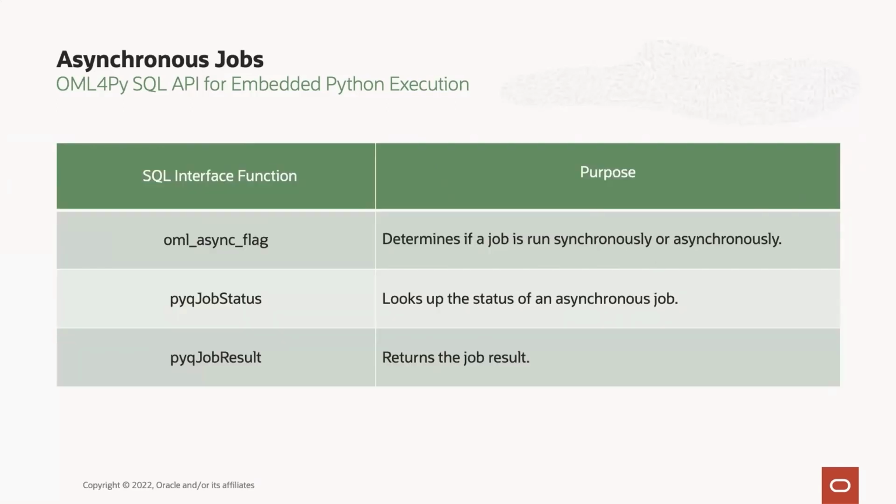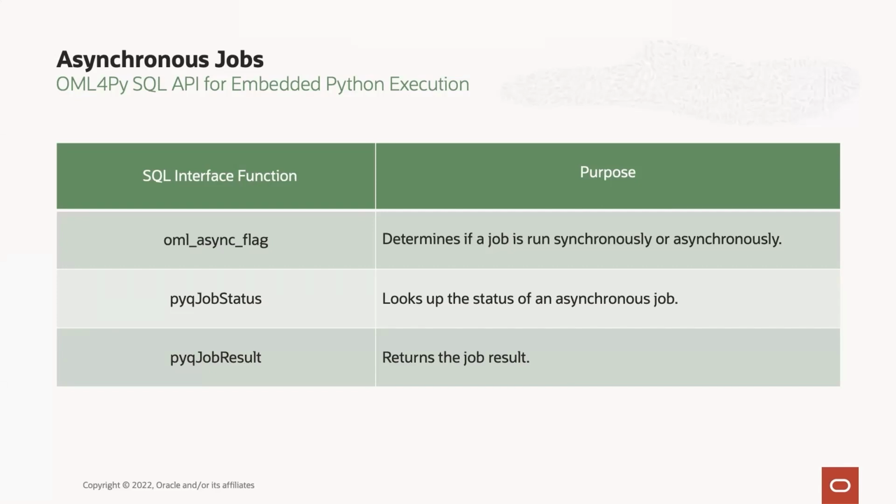Lastly, let's look at asynchronous jobs functions supported by the SQL interface. The OML async flag function determines if a job is running synchronously or asynchronously. By default, PyQEval functions run synchronously. To run a function in asynchronous mode, we can set the OML async flag to true.